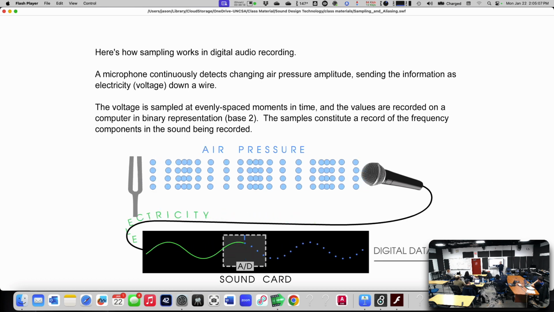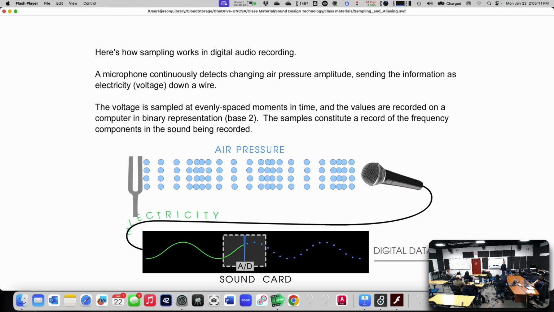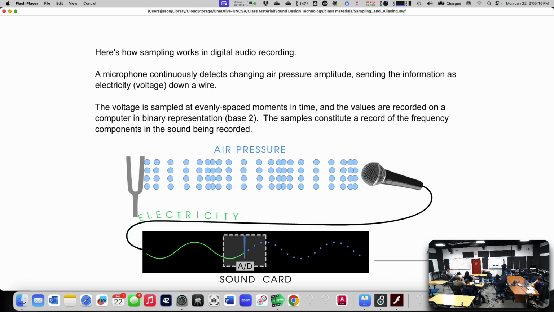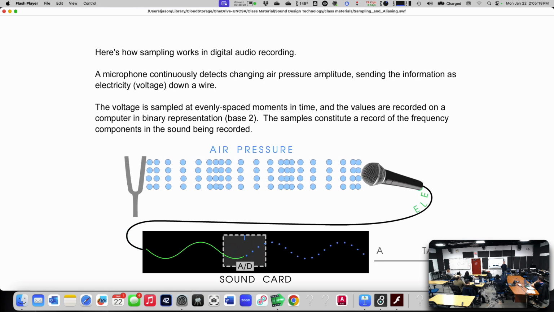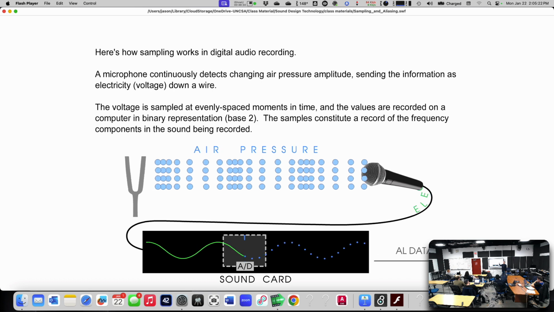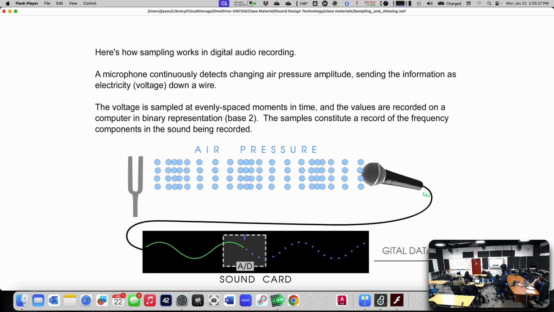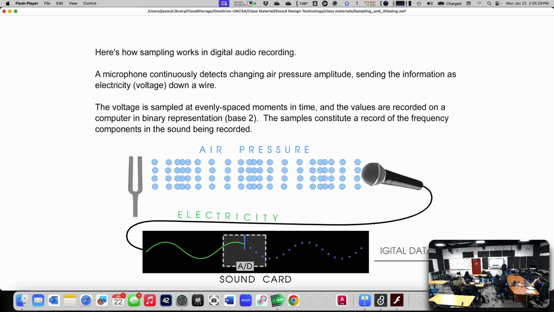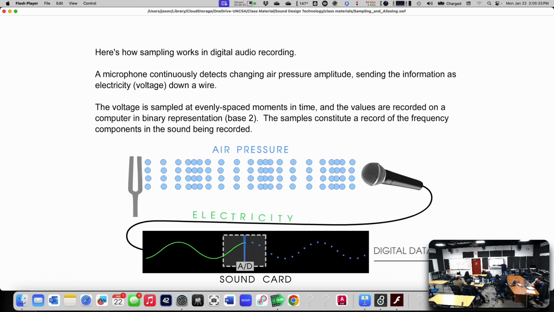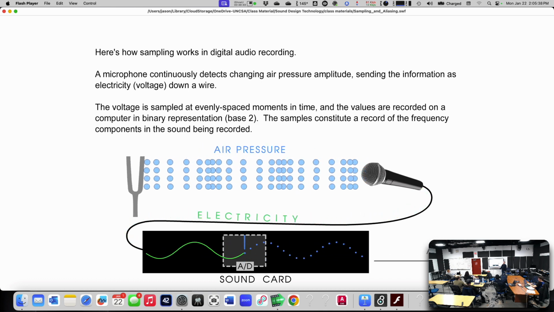So that's electricity, and we can graph that as a voltage wave. We also know that you could then convert it back into sound by sending that voltage wave, albeit at a much higher voltage, into a loudspeaker, and that loudspeaker will push and pull the air again and turn that back into sound. Okay? Well, what if you wanted a computer to be able to do sound? Well, remember, a computer is binary. It counts in binary. It does not do curvy values.